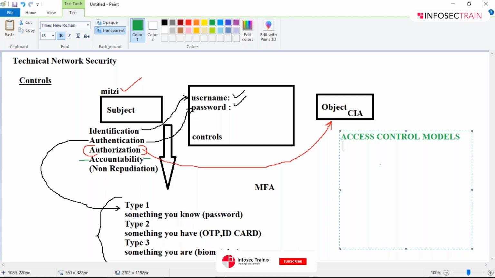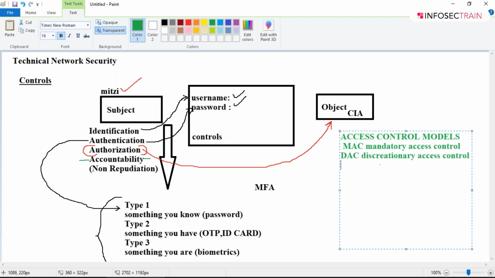We have MAC, mandatory access control. Then we have DAC, discretionary access control.